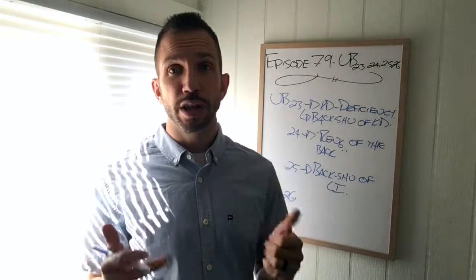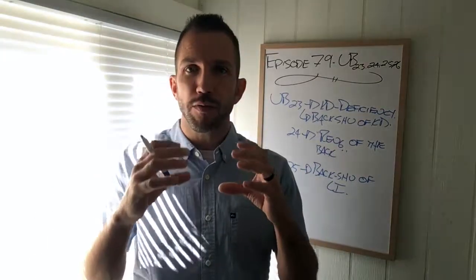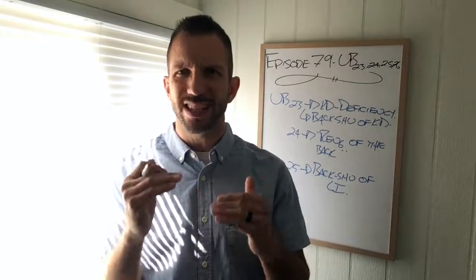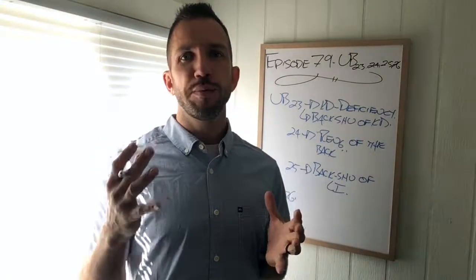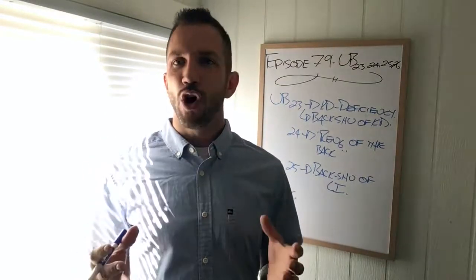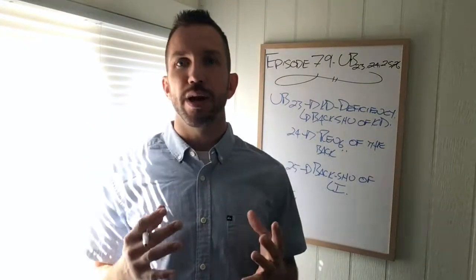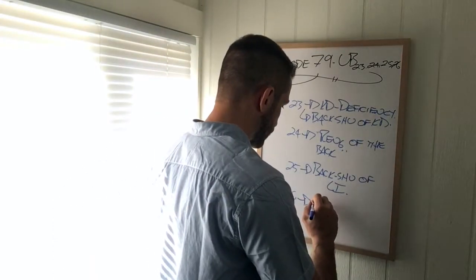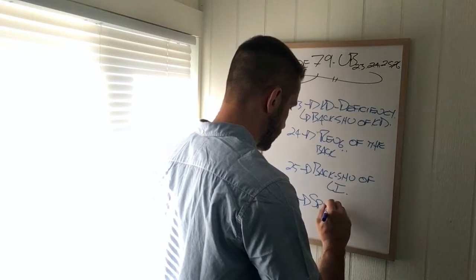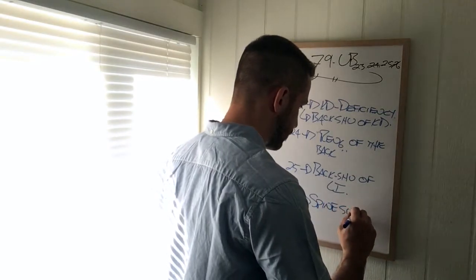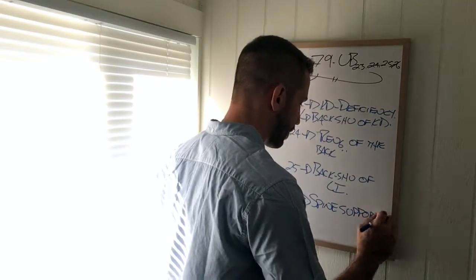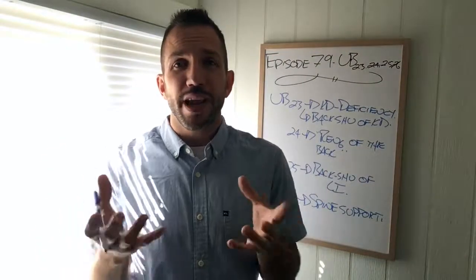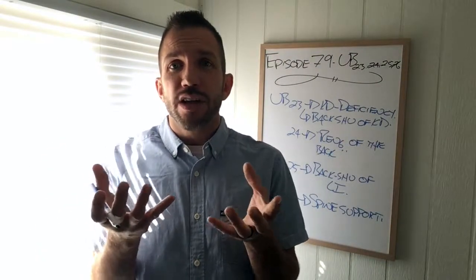UB26 is a really important acupuncture point because we go from the lumbar vertebrae to the sacral. It's that bridge point. And if you've been in practice for any amount of time, you'll know this is where almost everybody has lower back pain. Its Chinese name is something of the like of spine support.